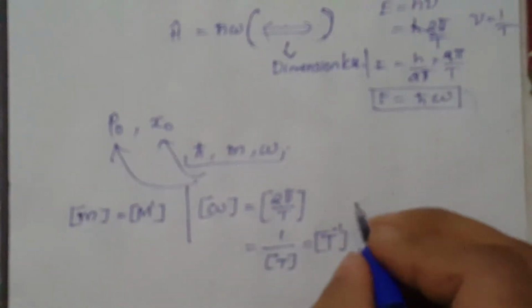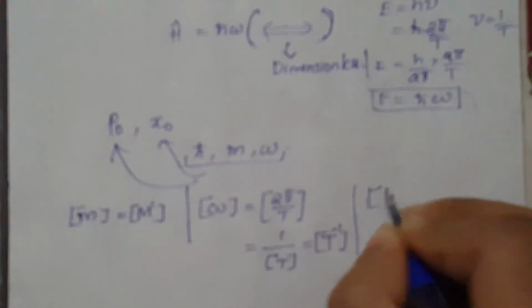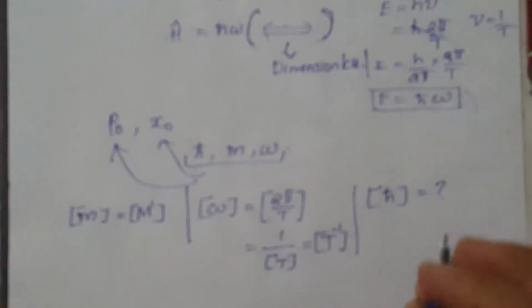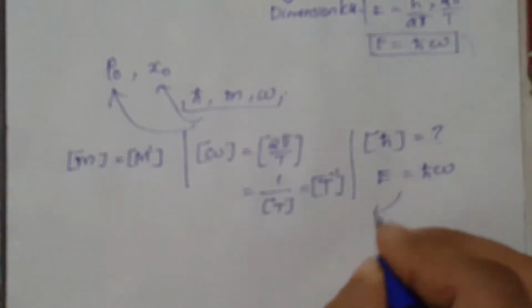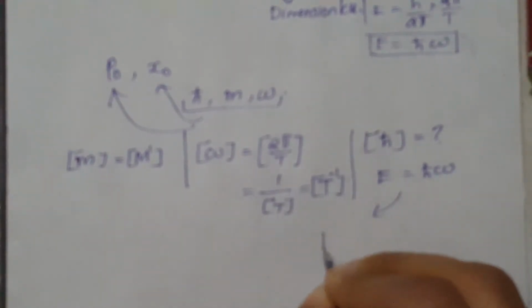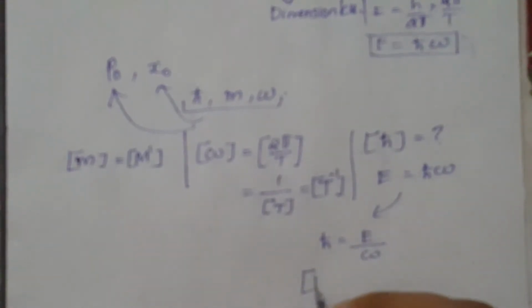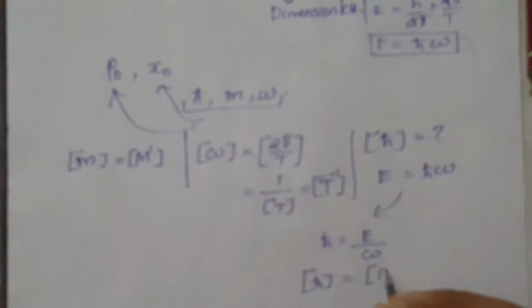Now what is the dimension of h cut? Let's say energy is h cut omega. If energy is h cut omega, we know that h cut is E by omega. So the dimension of h cut will be the dimension of E divided by the dimension of omega.